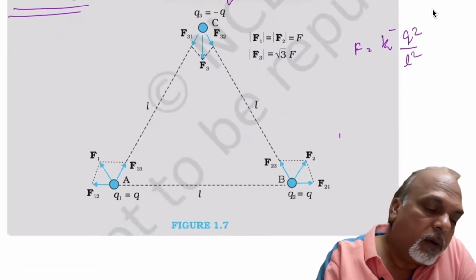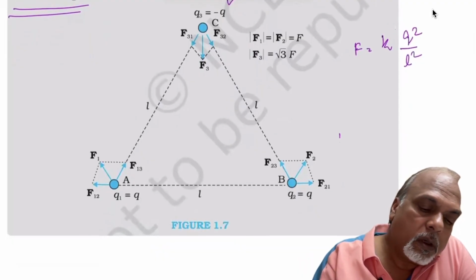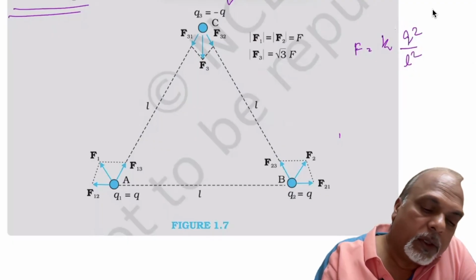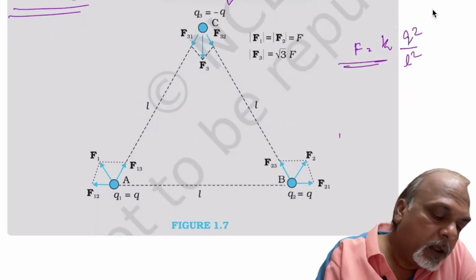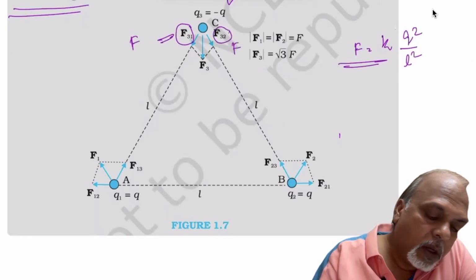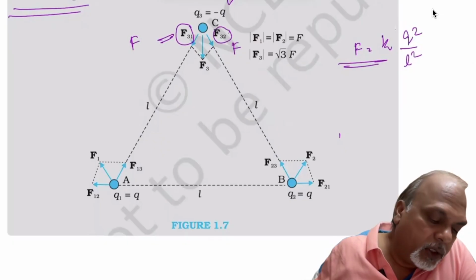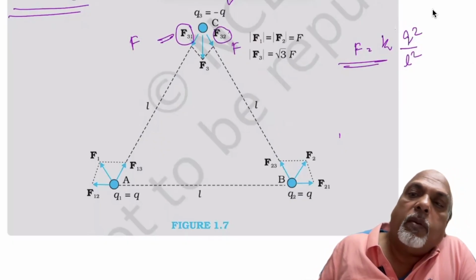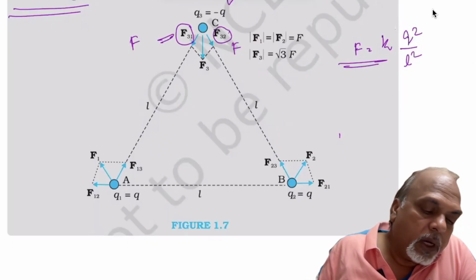This is the magnitude of this F. What is this F? This is your F. This is your F, because minus Q and Q both will be attractive, correct?